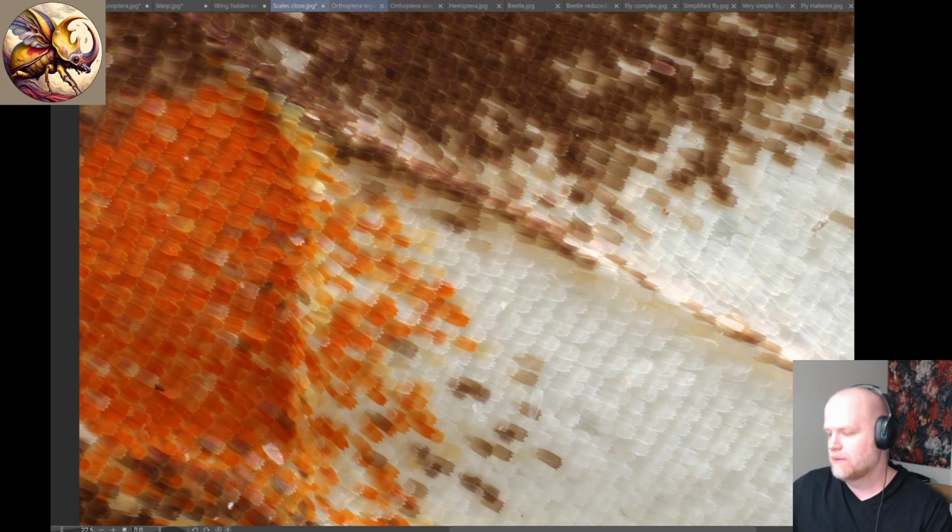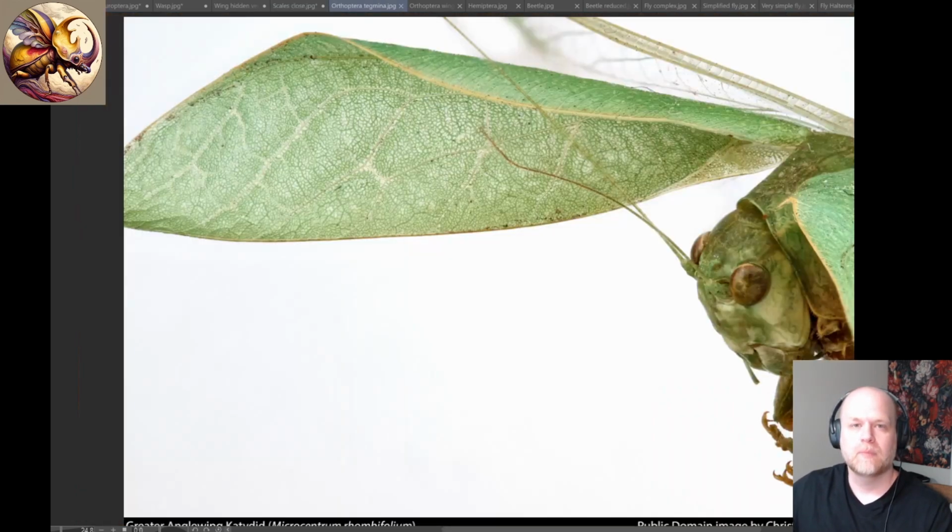This next group, they are four-winged, but only two of them are used for flight. Sometimes with insects, the most obvious thing that they do is form a shell-like structure. And depending on the group of insects, we use different names for that. But in things like the katydids and the grasshoppers, they have one set of wings that they use for flight.